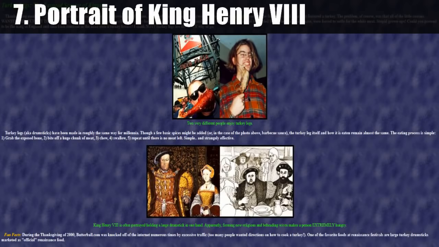Note the caption below. King Henry VIII is often portrayed holding a large drumstick in one hand. Apparently, forming new religions and beheading wives makes a person extremely hungry. Not exactly residue, but evidence suggesting that others believe this portrait did indeed exist at some point.